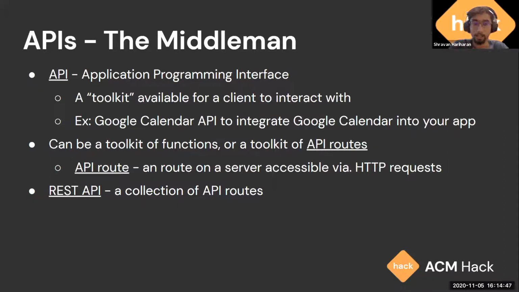There are also email APIs where you can send emails within your application, or it could be a bunch of API routes. An API route is a route on a server that is accessible via an HTTP request.